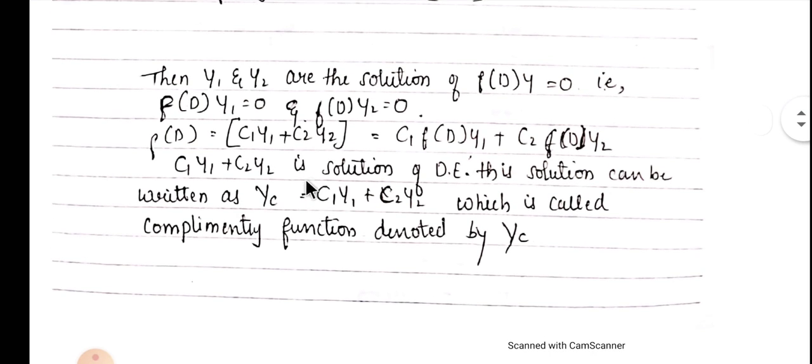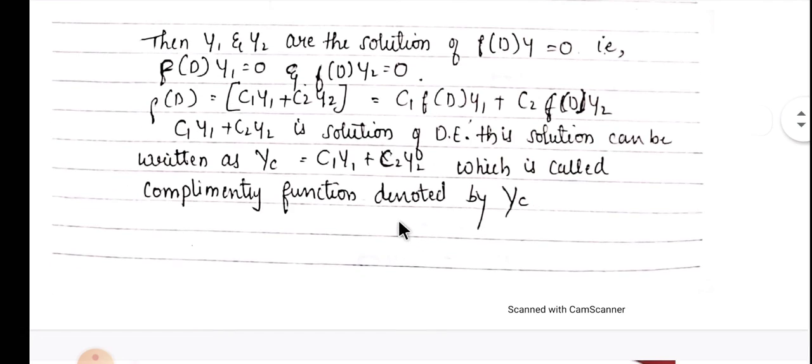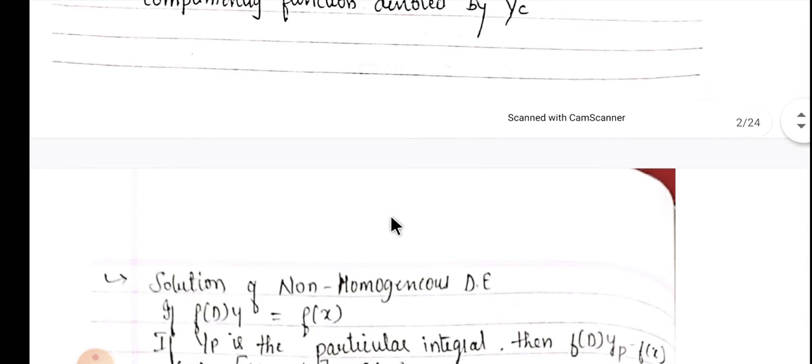When c1 y1 plus c2 y2 is a solution of the differential equation, this solution can be written as yc, which is nothing but the complementary function, equal to c1 y1 plus c2 y2, denoted by yc. While solving the examples, you will exactly know what the complementary function is and how to find the roots.